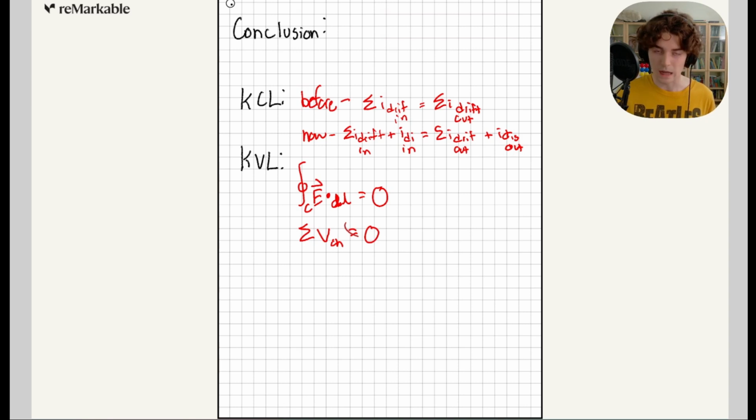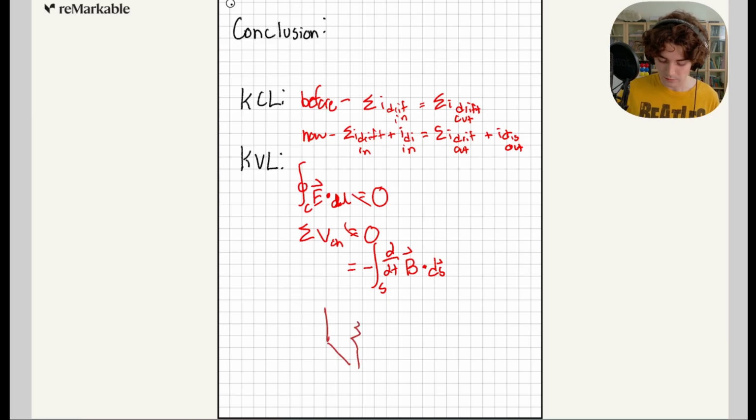Now we know that it isn't 0. Instead, what we should say is that it's equal to the negative of the surface integral of the changing magnetic flux density through that surface, the surface enclosed by whatever circuit you have. In this case, this rectangular shape here.